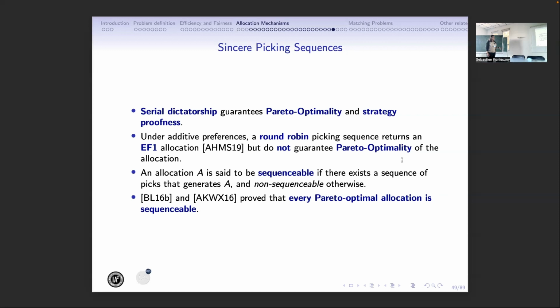And it has been proved that every Pareto optimal allocation is sequenceable. So in fact, what does it mean? It means that every Pareto optimal allocation can be obtained by a picking sequence. Some picking sequences do not lead to a Pareto optimal allocation, but all Pareto optimal allocations can be obtained by a picking sequence.